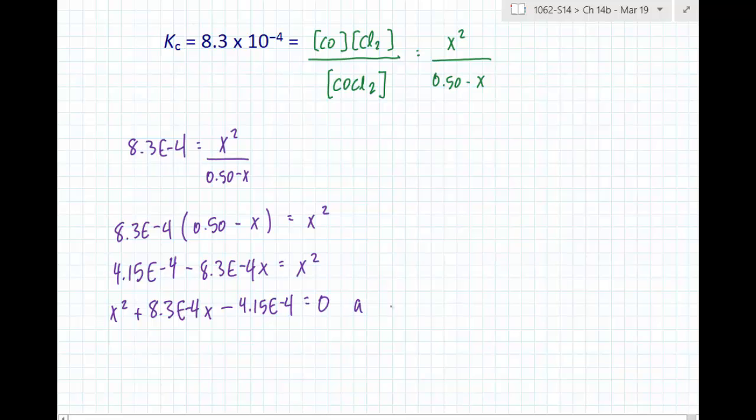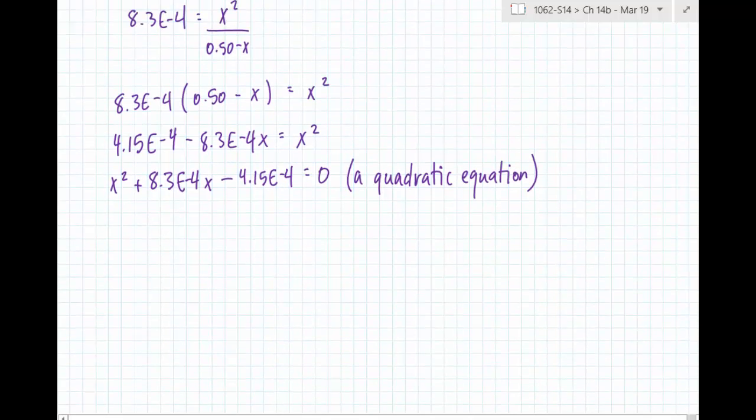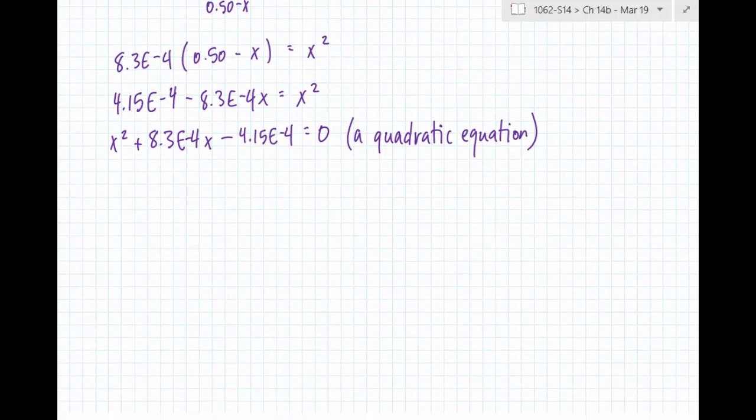This is a quadratic equation. Does anybody know how to solve a quadratic equation?